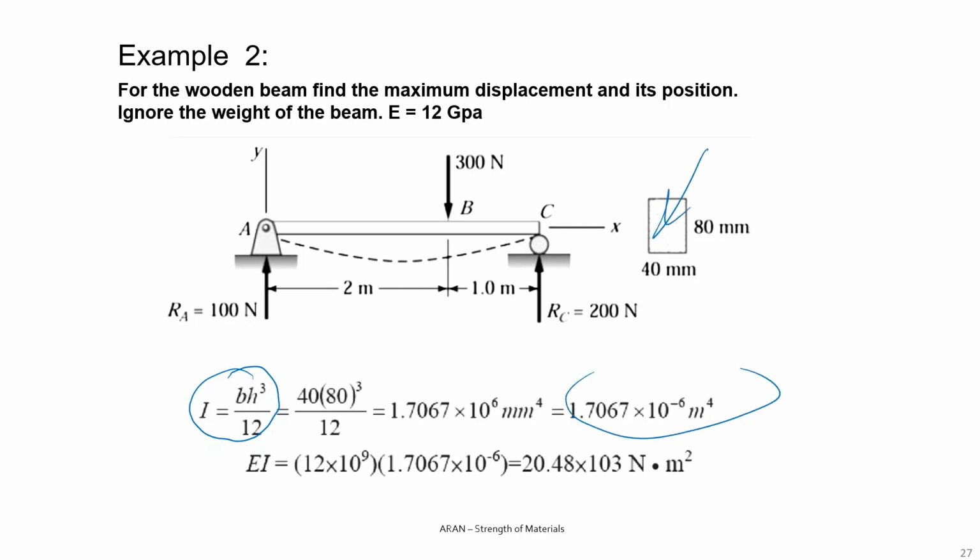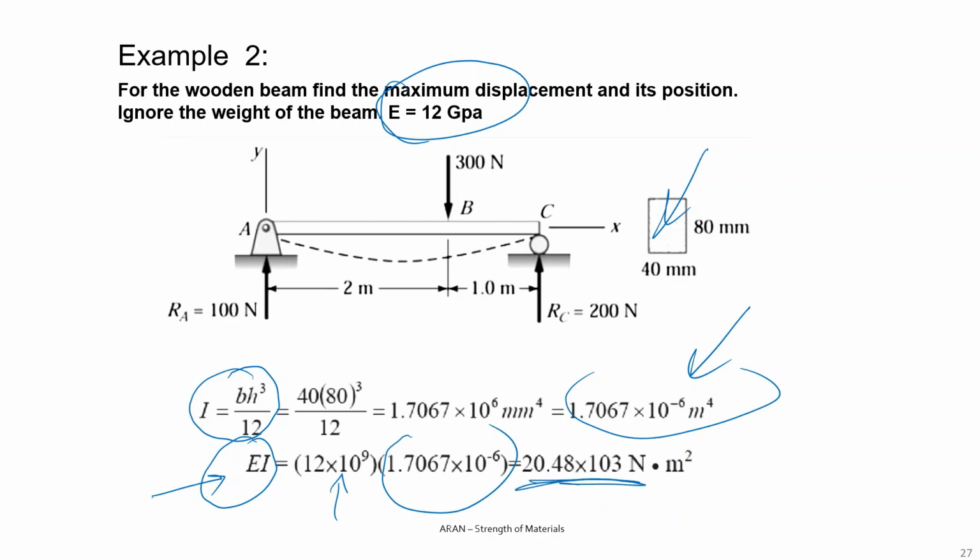For the integration, we need this product: the elastic modulus of the wood, and this is my I value, which I have calculated over here. So E times I is this value.